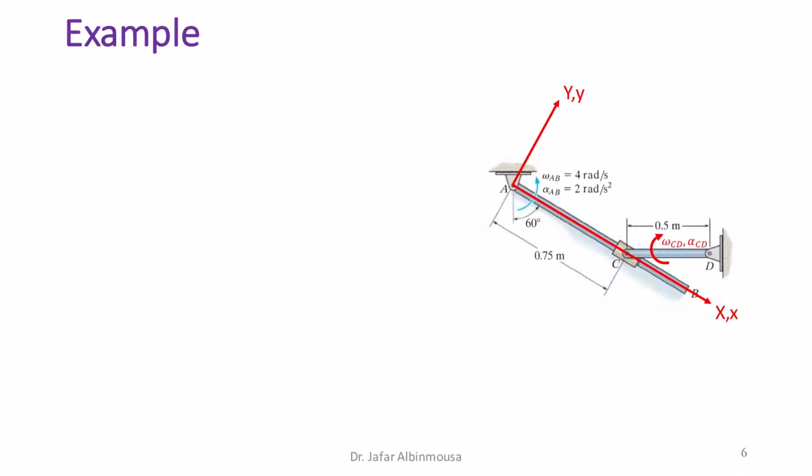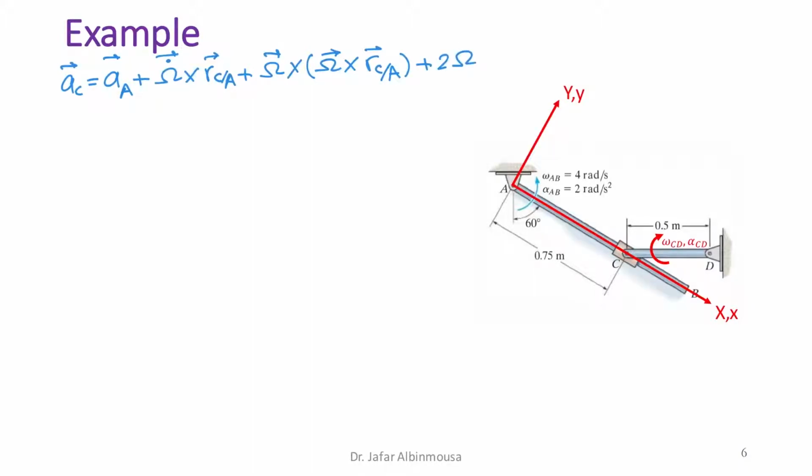Now we need to add these two equations together, and what we will have is AC, which is equal to AA plus omega dot cross R C with respect to A plus omega cross omega cross R C with respect to A, and then we have 2 omega cross VC with respect to A as measured from the local coordinate system plus AC with respect to A again as measured from the local coordinate system.